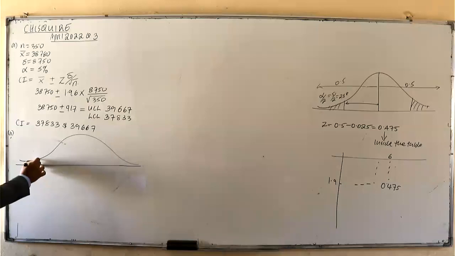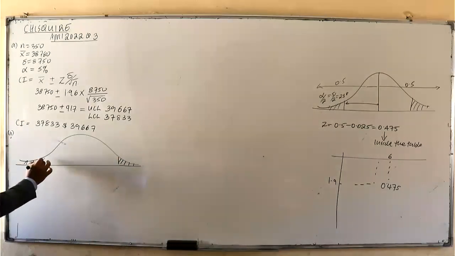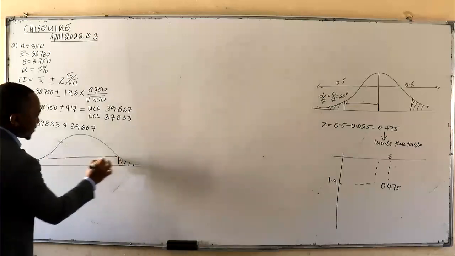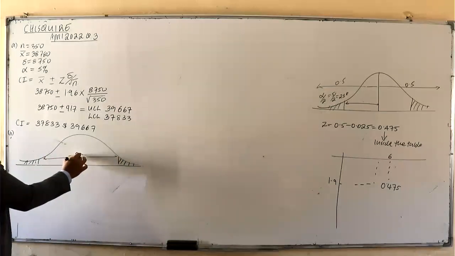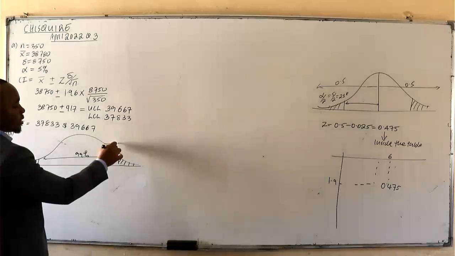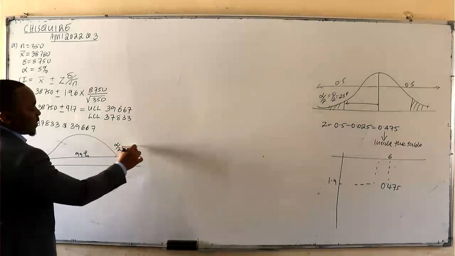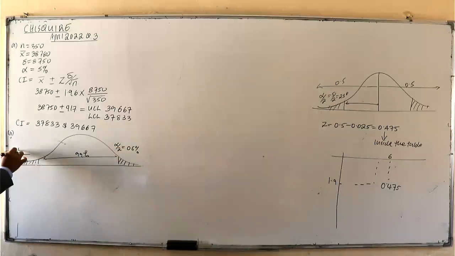If you want to be 99% confident, that means the margin of error will be 1%. These are two-tailed tests, so being 1%, it will be alpha over 2, which is 0.5% on each side.